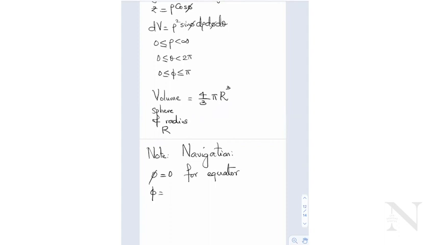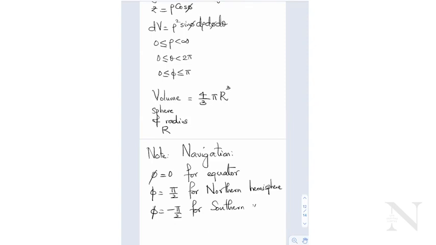So phi equal to pi/2 for the northern hemisphere, and negative pi/2 for the southern hemisphere.